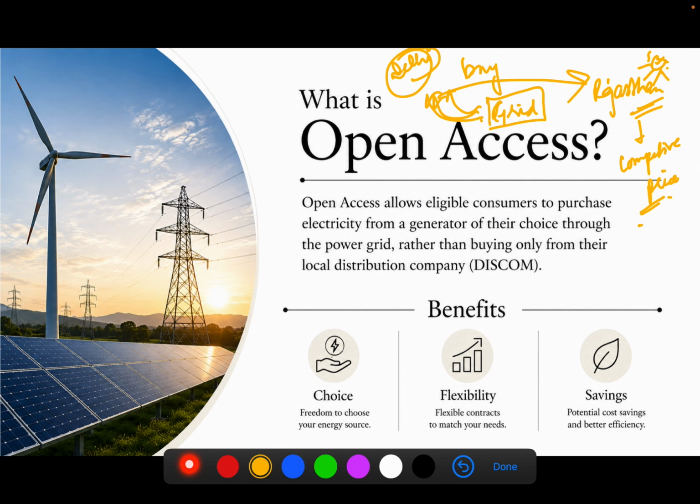This use of transmission and distribution network is called open access. Open access is particularly relevant for large commercial and industrial consumers because they generally have higher electricity demand and may be eligible under applicable regulations.